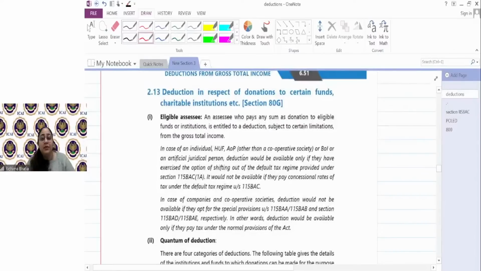Then 80EE, additional interest of maximum 50,000 with all the conditions, the loan being sanctioned in 2016-17. 80EA, interest on housing loan, maximum 1,50,000, with the loan sanctioned between April 2019 and March 2022, and certain conditions on stamp duty value. 80EEB, the last section, is interest on electric vehicle loan, maximum 1,50,000, with the loan sanctioned between 1st April 2019 and 31st March 2023.